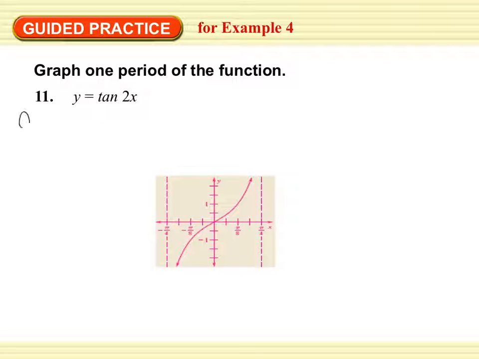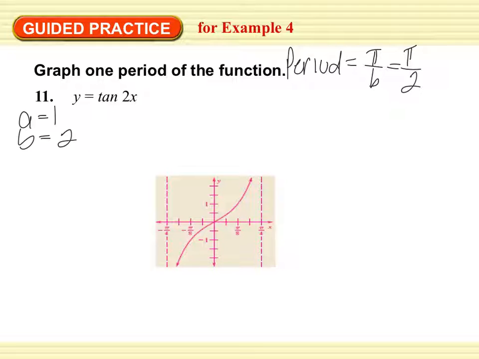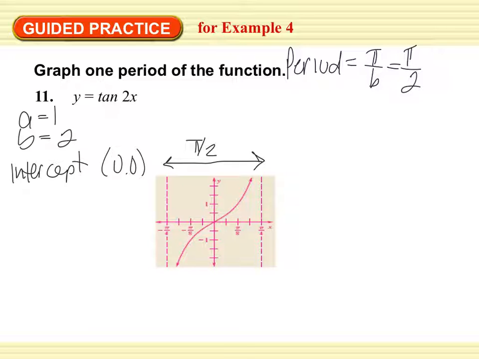Okay, here we have a equals 1, b equals 2. Our period is pi over b, which is pi over 2. So that means this whole distance is pi over 2. Our intercept is 0, 0.